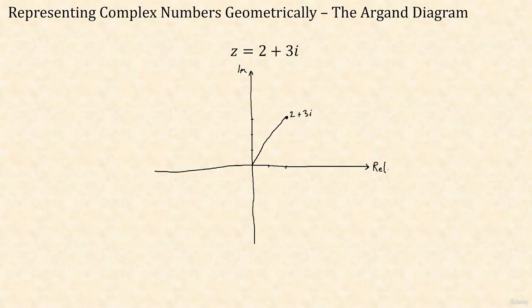You sometimes see these as the real part of z and the imaginary part of z. So that's what an Argand diagram is. It basically takes a complex number and plots it as a point on something very similar to coordinate axes. Turns out to be an extremely useful way of thinking about complex numbers, and we're going to explore it in quite a lot of detail.